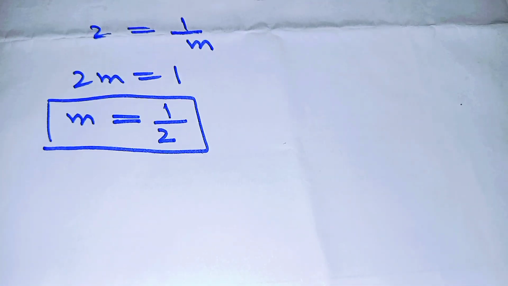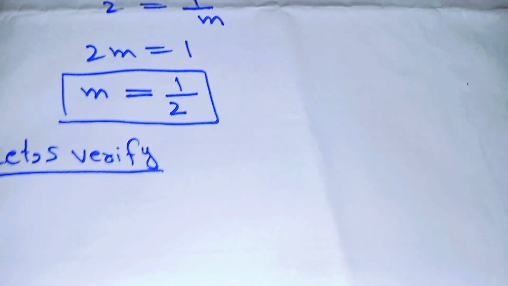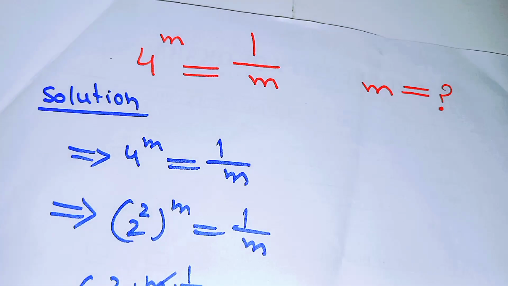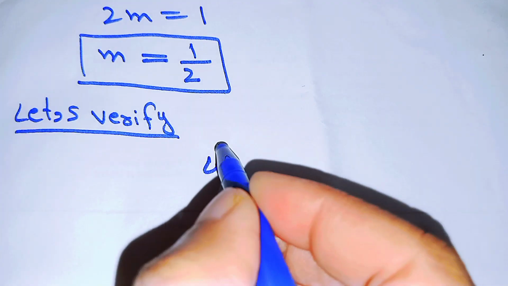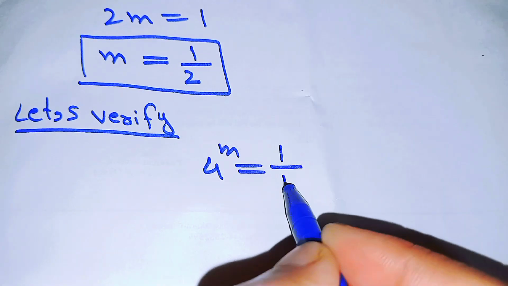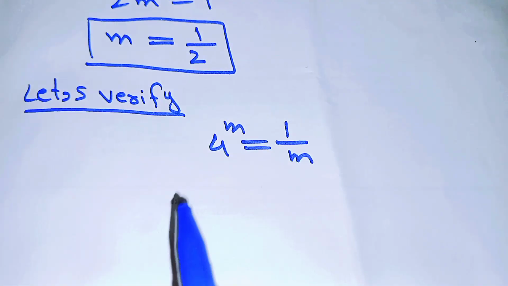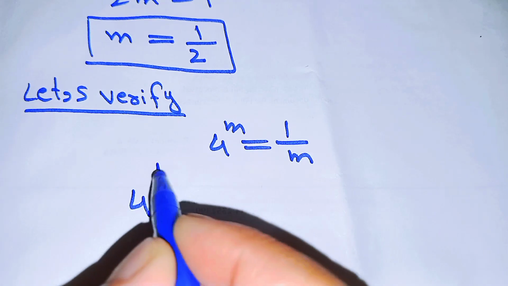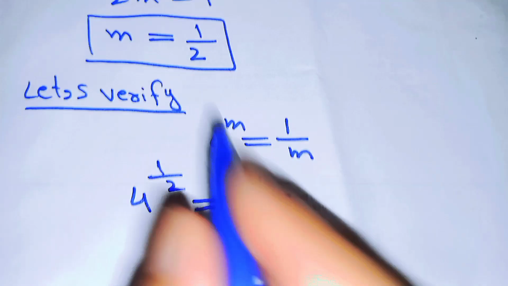Now let's verify. We put in the equation 4 to the power m is equal to 1 over m. Now we substitute the value of m, which is 1 over 2. So 4 to the power 1 over 2 is equal to 1 over, with m being 1 over 2.